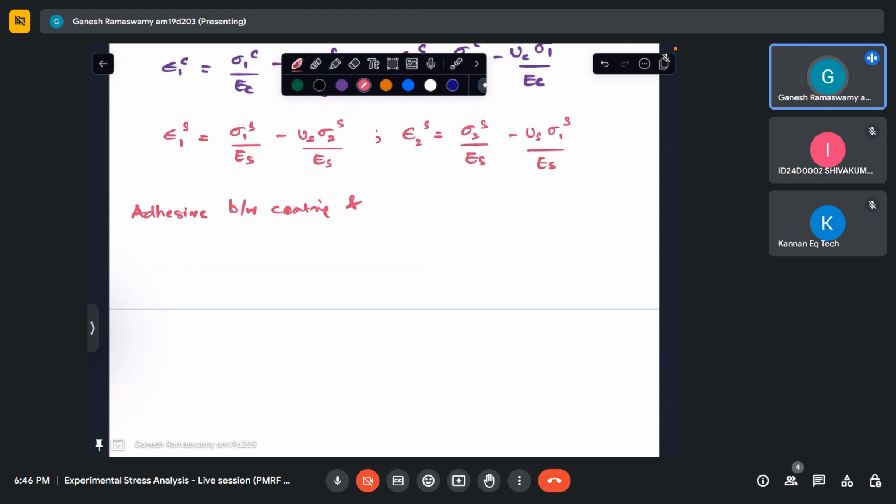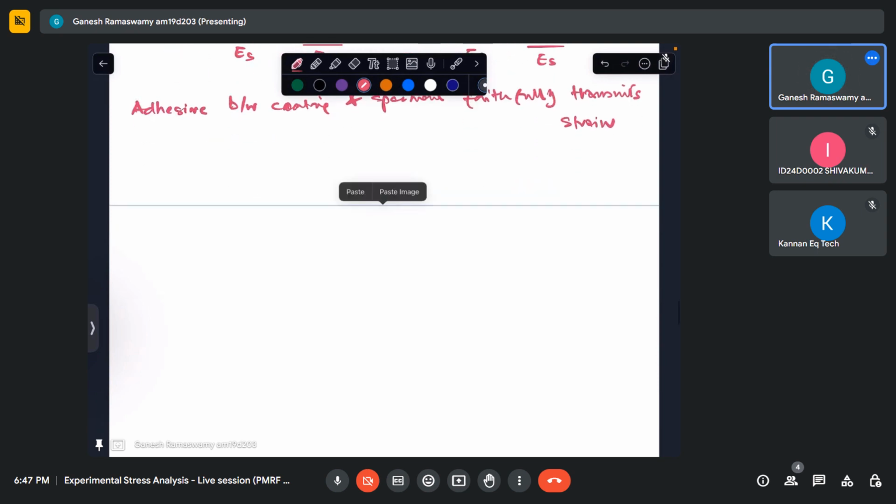Load is transmitted in the form of strain. So this gives that epsilon 1 C is nothing but epsilon 1 S and epsilon 2 C is epsilon 2 S. So what we are saying is the strain in the coating is equal to the strain in the specimen.